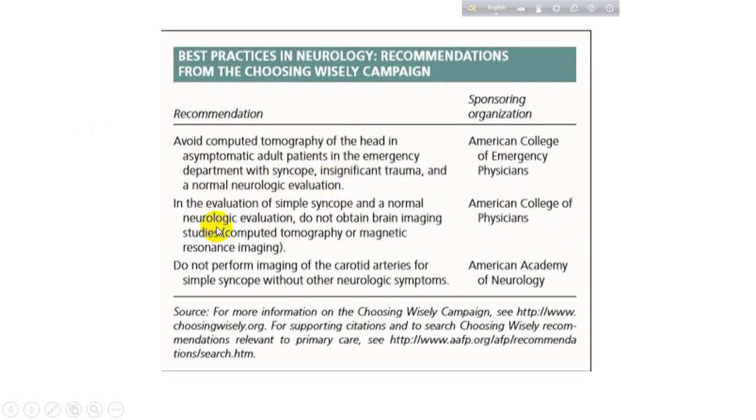American College of Physicians suggests that in the evaluation of simple syncope with normal neurologic evaluation, do not obtain brain imaging such as CT or MRI. American Academy of Neurology suggests not performing imaging of the carotid arteries for simple syncope without other neurologic symptoms.